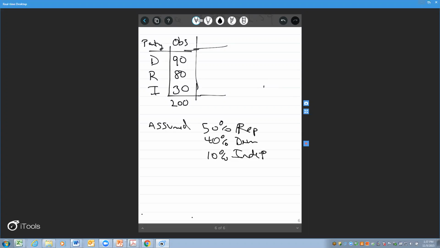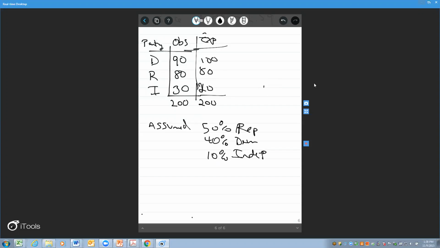So, if I had 200 total observations, I would expect that 100 would be Republican, 80 would be Democrat, and 20 would be independent. Still going to add to 200, but I'm going to apply these percentages to that 200. 50% of 200 is 100, 40% of 200 is 80, 10% of 200 is 20.